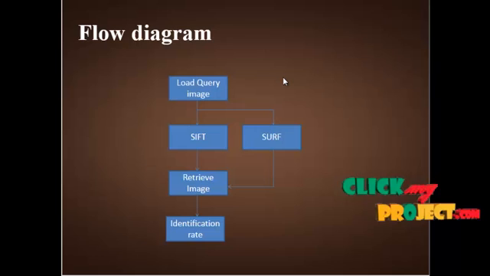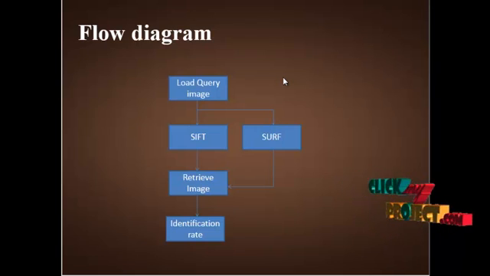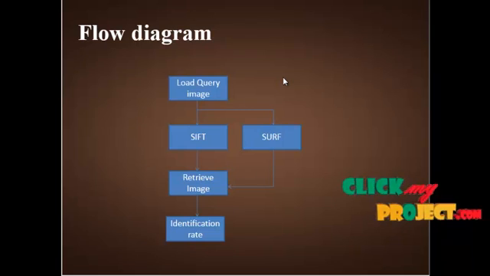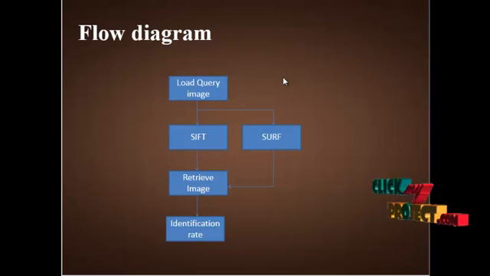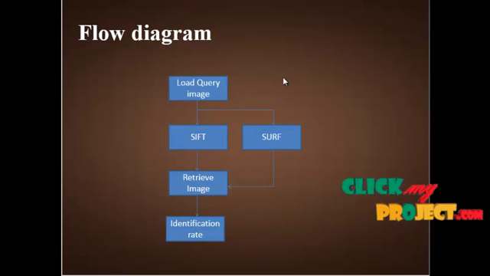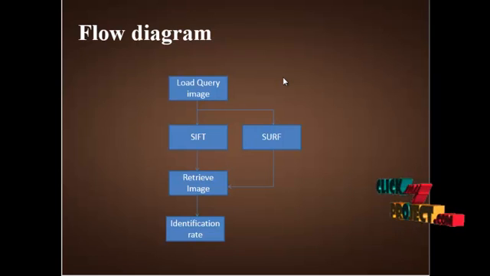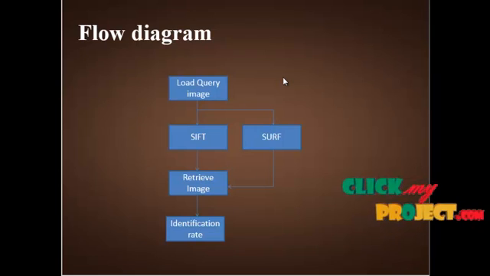It goes to the SIFT algorithm or the SURF algorithm as per the user's specification, and SIFT and SURF extract the descriptor points for the loaded query image. After the retrieval process, those descriptor points will be generated for the database image.